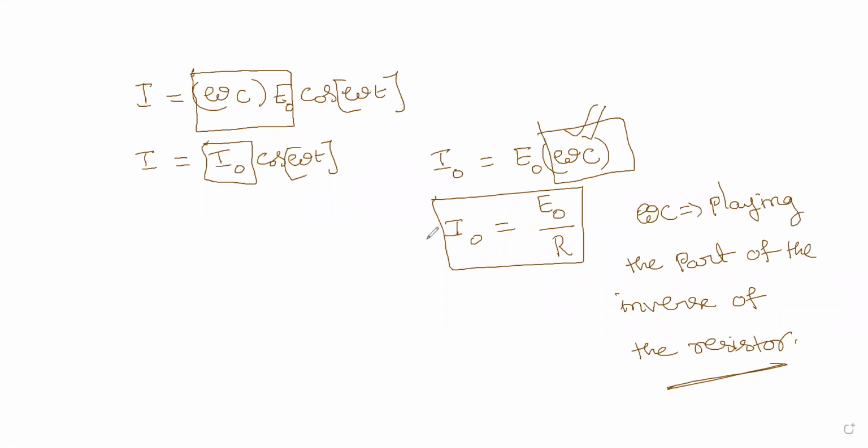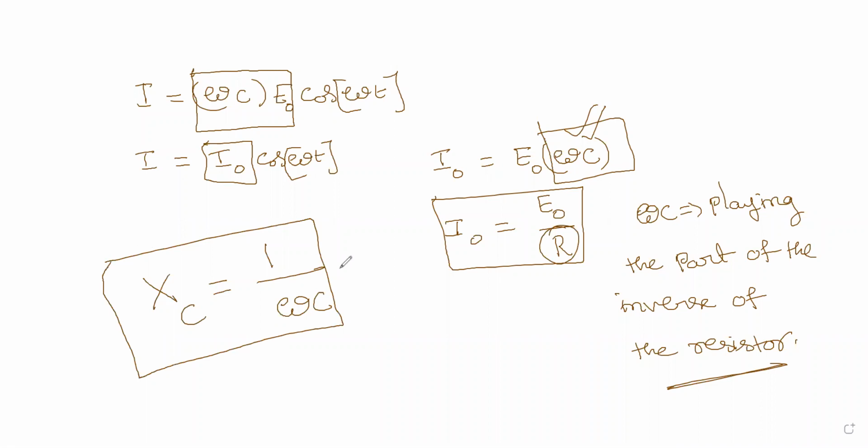So that inverse part of the resistance, that shows some resistance, is called capacitive reactance, which is given by 1 by ωC. And it has the units of ohms. The beauty is that it has the units of ohms. It is XC. We have seen another quantity called XL, which is called inductive reactance.